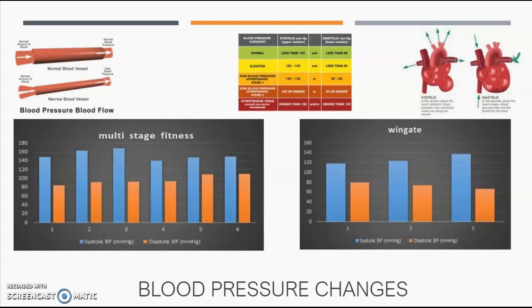For example, blood pressure in the capillaries is usually about 20 to 30 mmHg, being small, and the vessel is small in diameter, whereas the pressure in the large veins may become more negative. Seen in both graphs, there is a higher pressure for systolic, and the values increase as the exercise goes on.